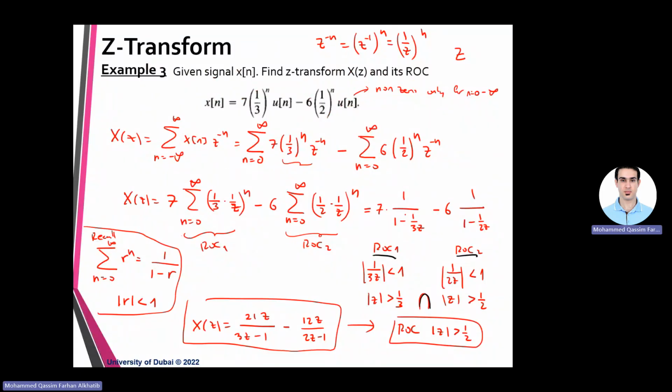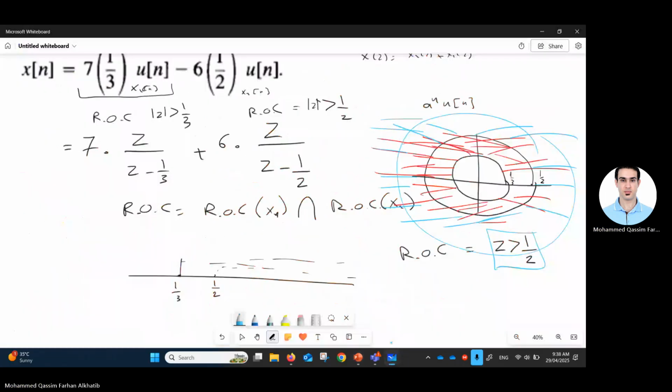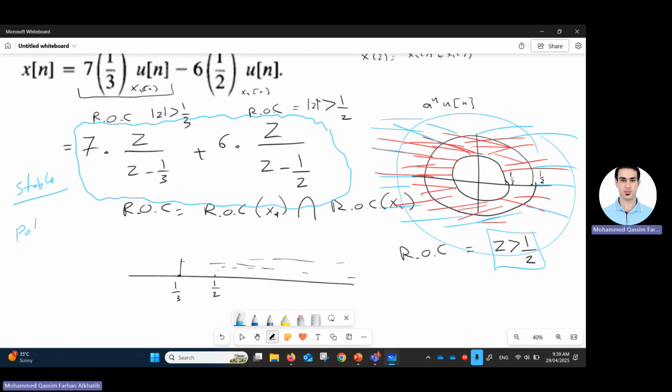All right. Now, since we have the transformation there, if you were asked to determine whether this signal is stable, you look for the poles.